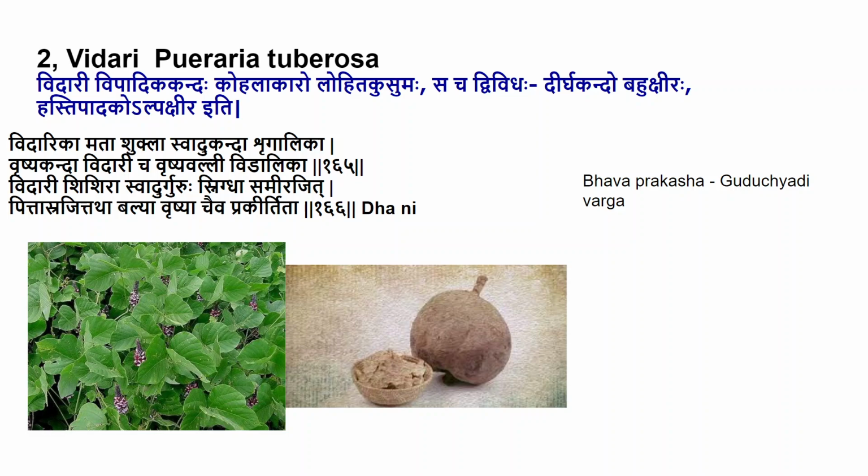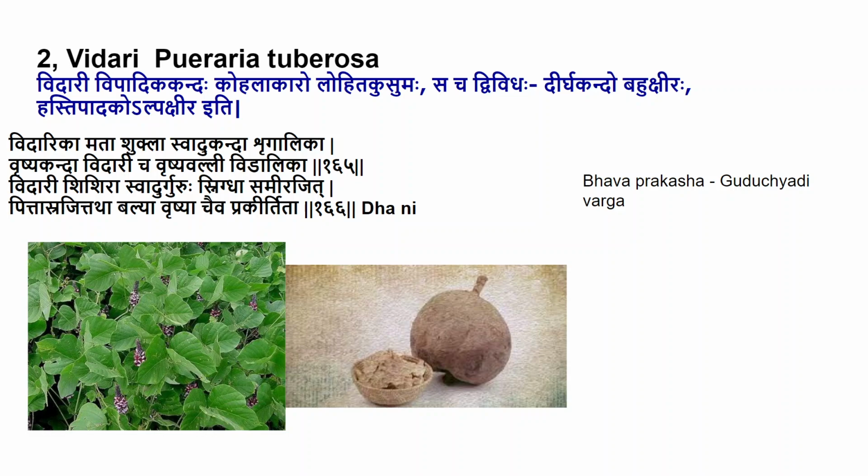According to Dallana, Vidari Kanda has a root or a tuber, and there are two varieties. One is where the tuber is quite long and has more latex, whereas the other has an elongated tuber with lesser latex content.